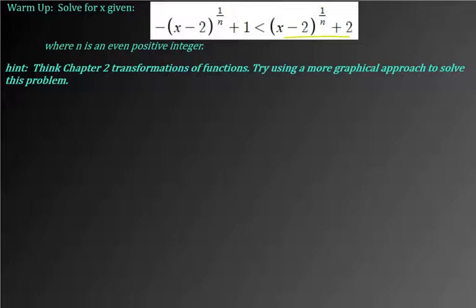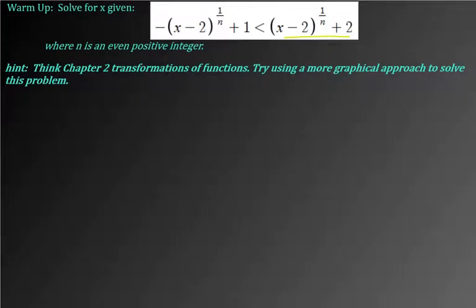So it's a root inequality, like our last video. Basically, n here is just any even positive integer. So the answer to this problem would be the same if it was a square root or a fourth root or a sixth root or a 20th root.